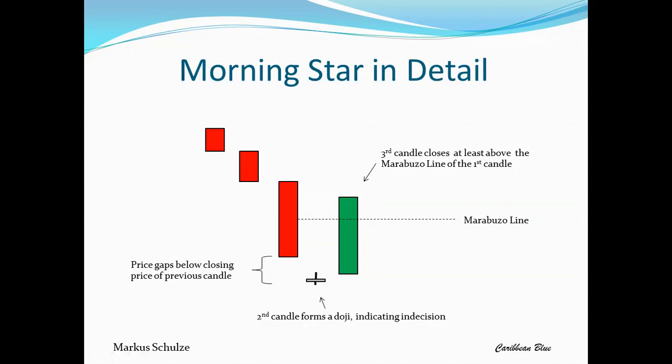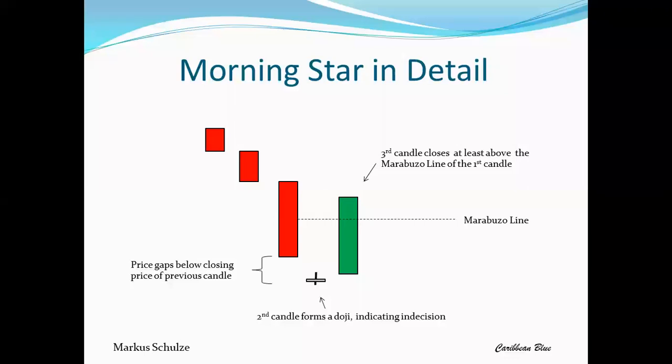The doji we're referring to closes almost exactly at the same price as the opening price. What that tells us is that there's an even balance between the buyers and the sellers. It's evenly matched, and we refer to that as indecision. The market doesn't know which way we're going.